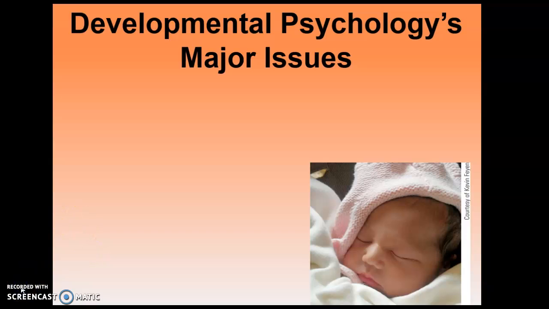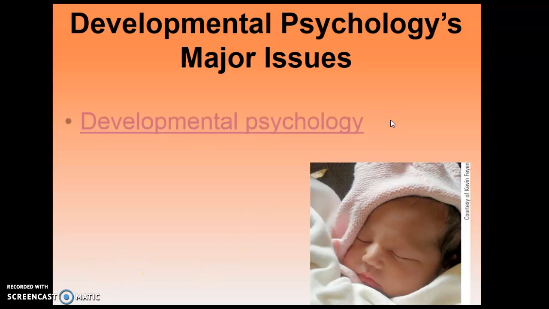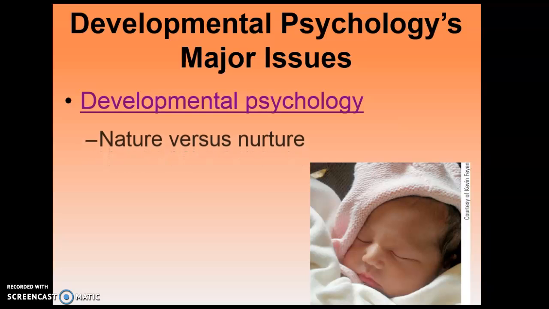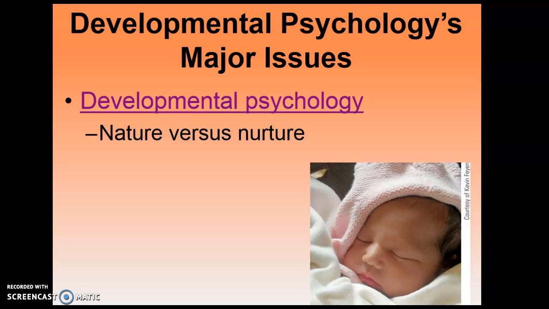So the first question asked you about psychology's three major issues, and I gave you an intro, but here we go. Number one, nature versus nurture. How does genetic inheritance, our nature, interact with our experiences, our nurture, to influence our development?